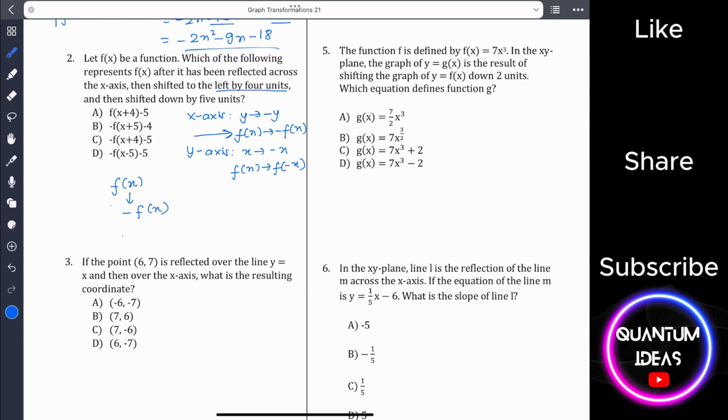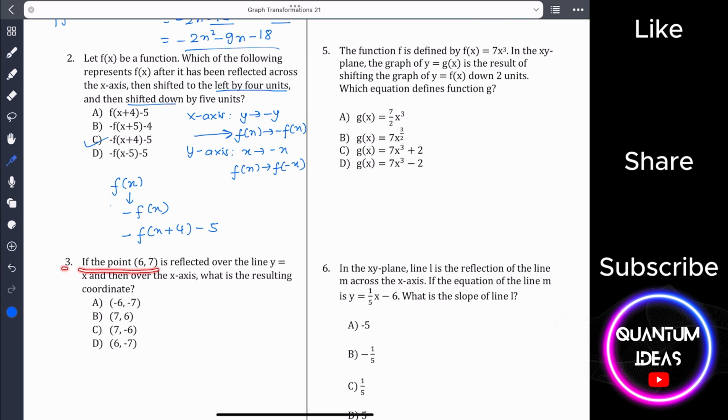When it says left, we have to add, and when it says right, we have to subtract. So this is f(x plus 4) and then shifted down, that is minus 5. So minus f(x plus 4) minus 5 is the answer. So let's move to number 3.